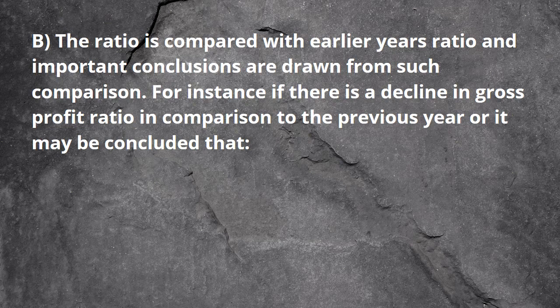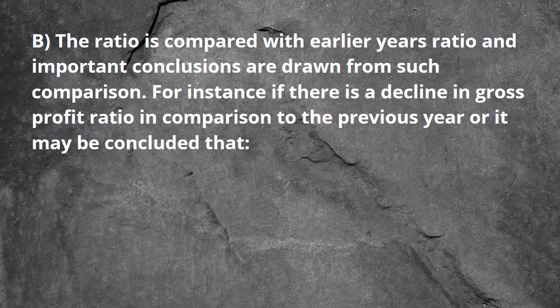The ratio is compared with earlier years' ratios. The comparison can easily be done, not only for gross profit ratio, but for any ratio. Whether gross profit is more or less, it pictures so many important decisions, regarding fixed assets, purchases of raw material, direct expenses, indirect expenses, everything.